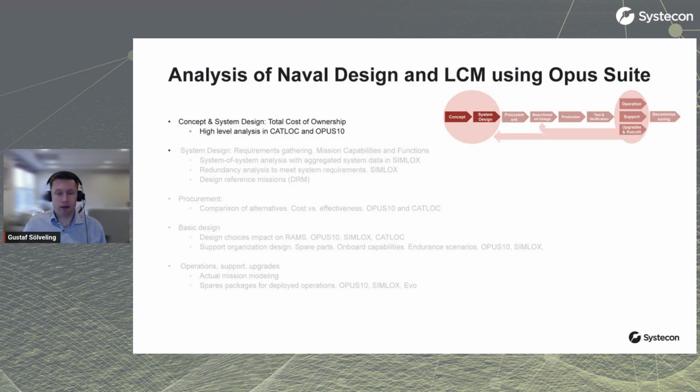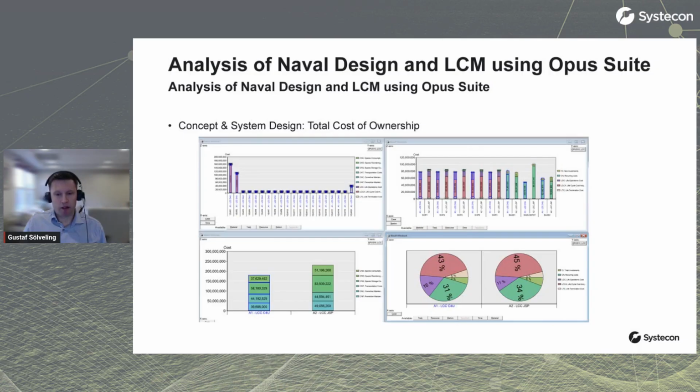Here, one critical question is, of course, the total cost of ownership and what that will look like over the planning horizon. You can look at it from many different perspectives, but here we show an example of how we can use Catalog, our lifecycle cost analysis tool that uses a bottoms-up modeling approach to capture all the relevant parameters, mostly quantitative.